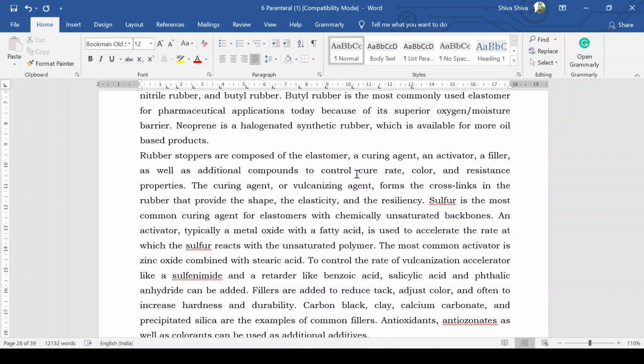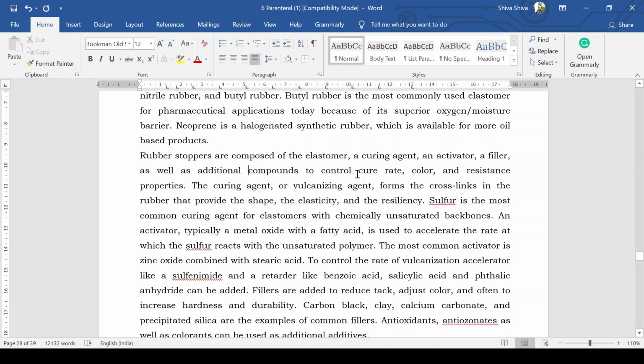Okay, cross-linking of elastomer polymers with a suitable agent is called curing, and that agent is called a curing agent. And generally sulfur is used in this process as the curing agent, and that process is called vulcanization.